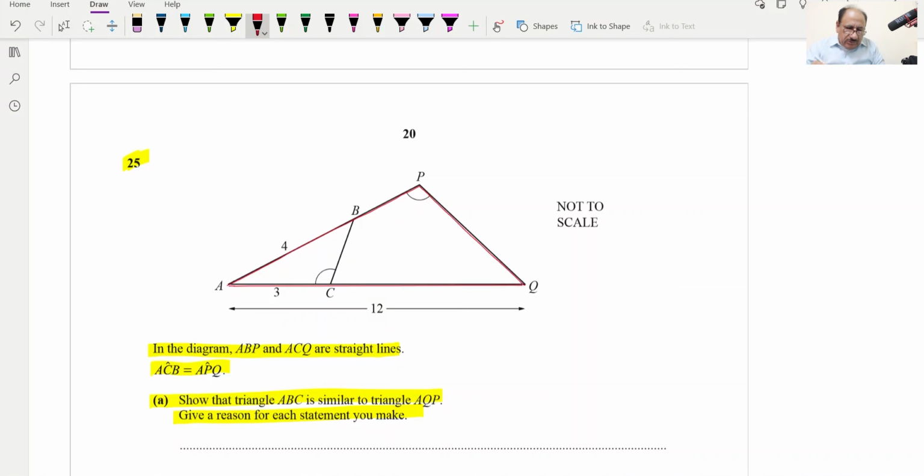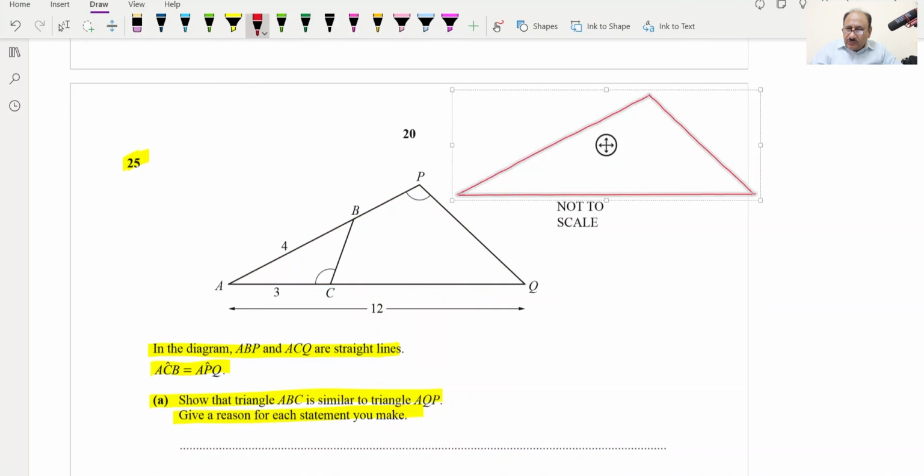And this is one of the triangles, and I can move this one over here. So this triangle, the points are A, P and Q, and this is the angle given.